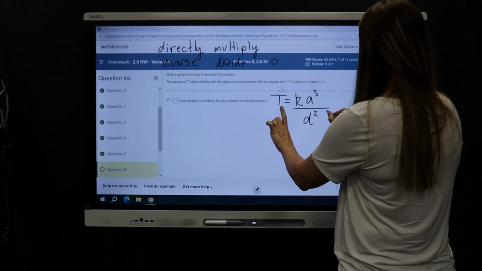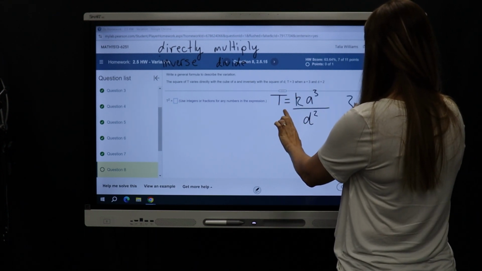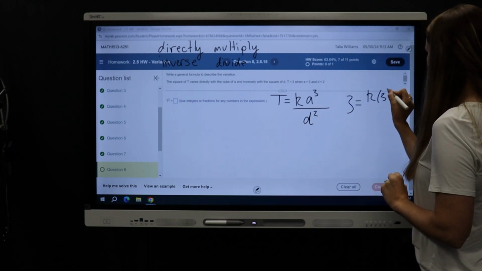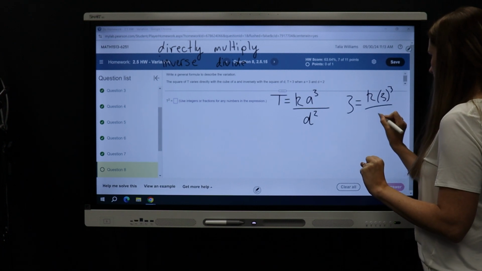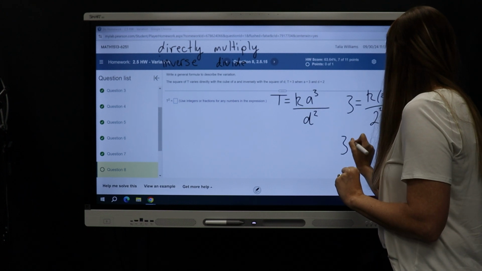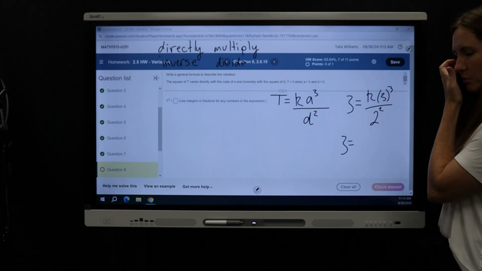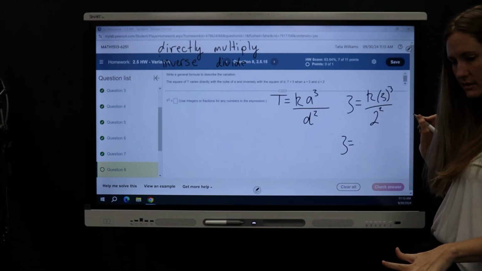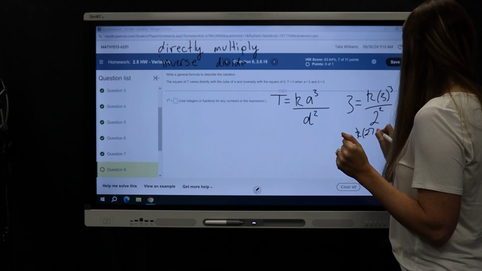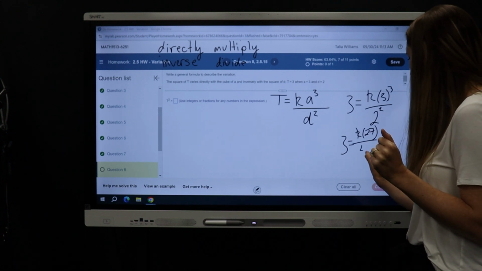So t is 3. Okay, a is also 3, so 3 to the third power, all over 2 to the second power. So 3 equals k times 3 cubed, 3 times 3 is 9, times 3 is 27, and then 2 squared is 4.